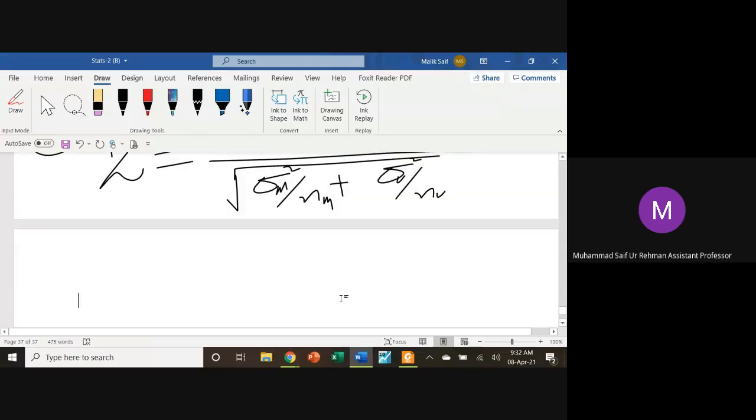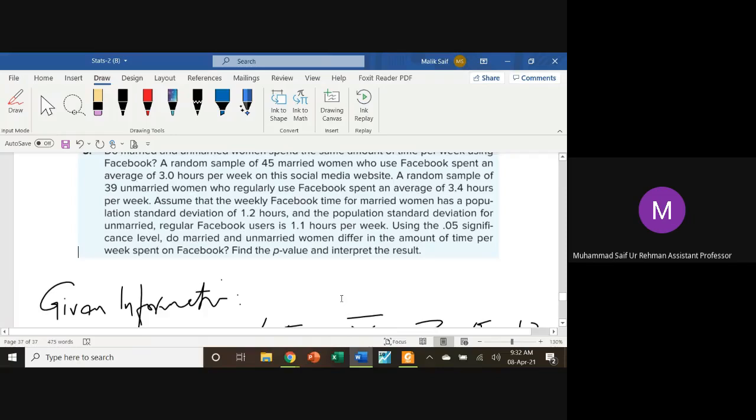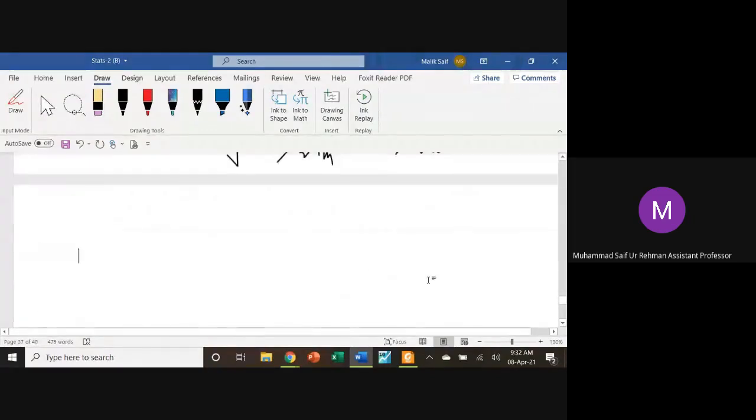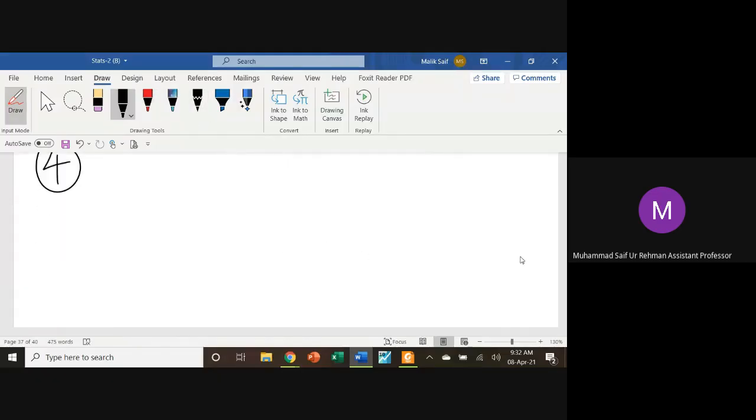Okay, so here you will write down step 4, that is the decision rule. So now you have to see how I would draw the distribution and how I will decide.